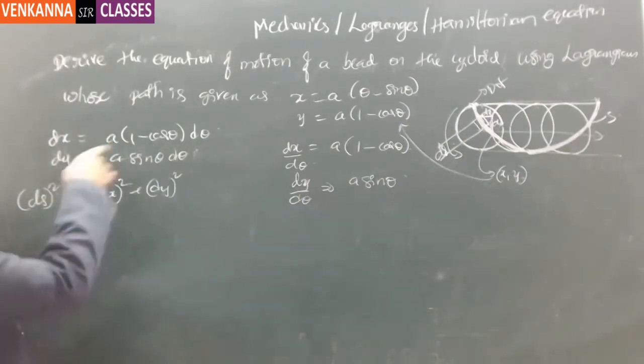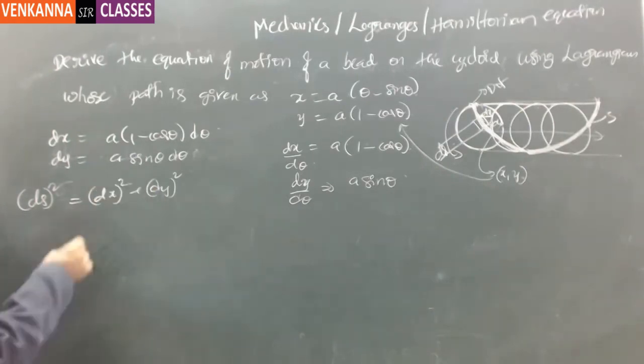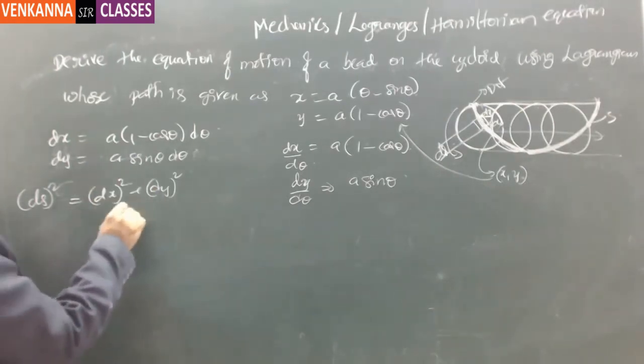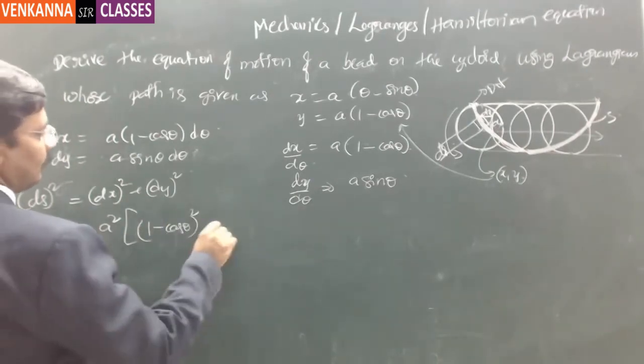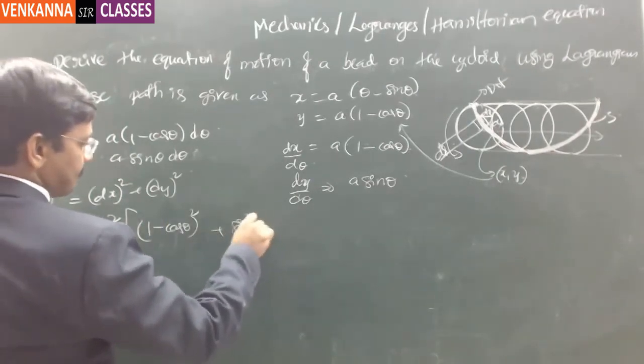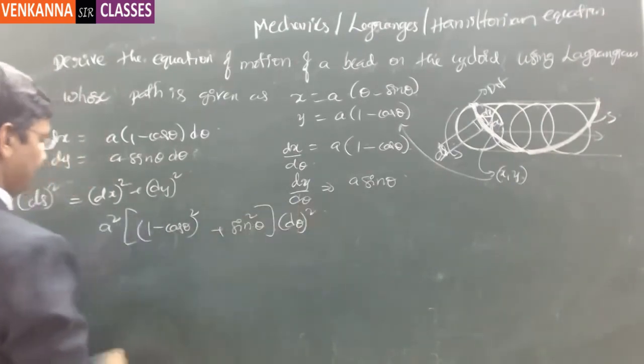So dx is equal to a into 1 minus cos theta into d theta, dy is equal to a into sin theta into d theta. Now here dx square plus dy square is a square, if you take it out, 1 minus cos theta whole square plus sin square theta, into d theta whole square.